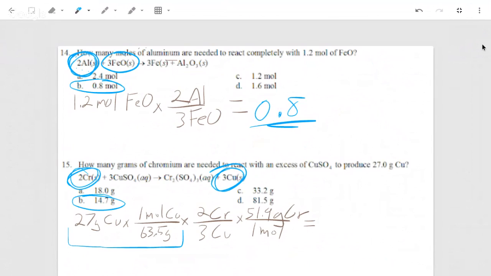The mass of copper is 63.5 grams, so that's why it's on the bottom. Then you multiply by the mole ratio. Doing that, you are converting the copper to chromium. You can see I got the numbers from the reaction. So the 2 plugs in there, and the 3 plugs in there.